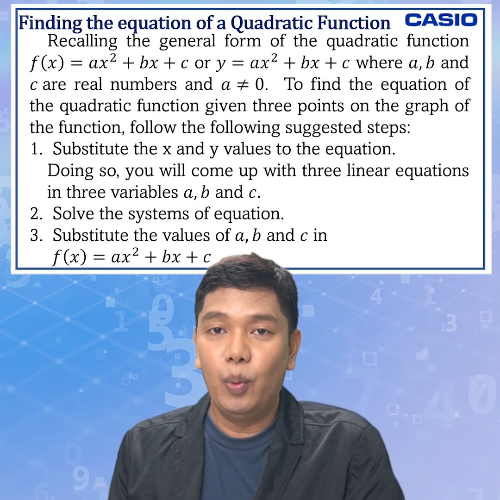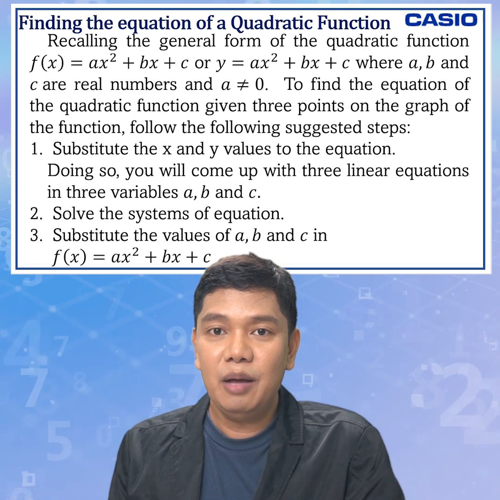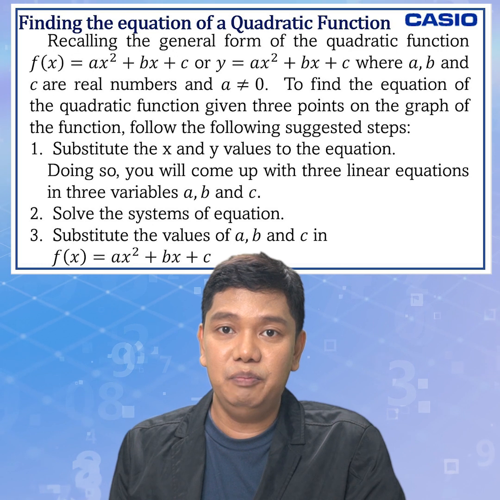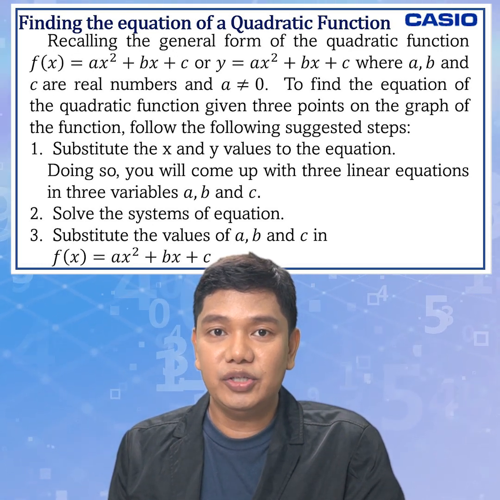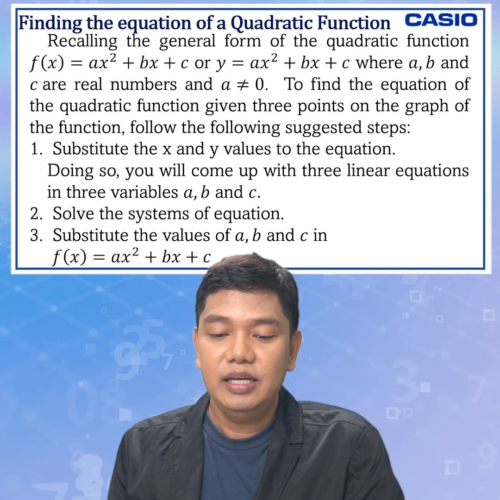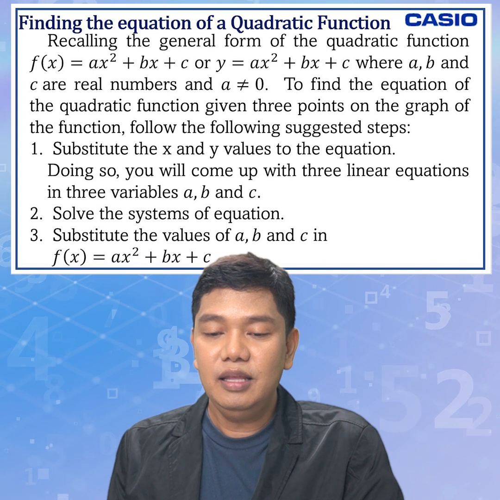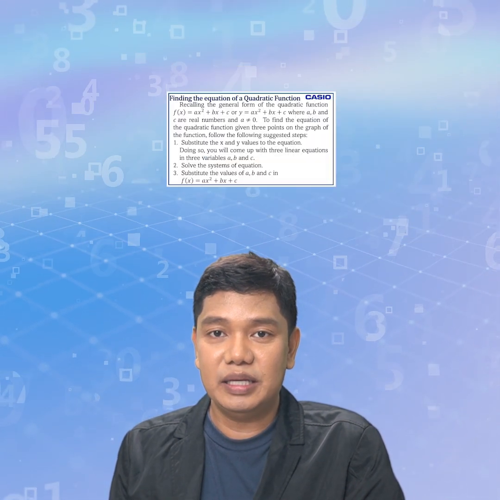Substitute the x and y values to the equation. Doing so, you will come up with 3 linear equations in 3 variables a, b, and c. 2. Solve the systems of equations. And lastly, substitute the values of a, b, and c in f of x is equal to ax squared plus bx plus c.